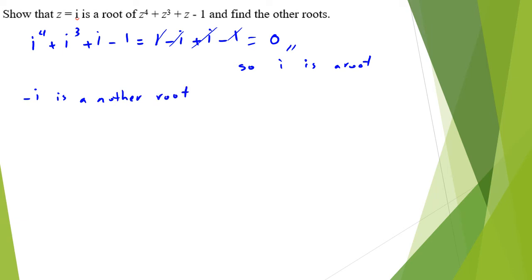Now you need a third root. You need another 2 roots because z to the power of 4. We already have 2 roots now. To write that, you will rewrite those roots as factors, expand. So you'll end up with this.